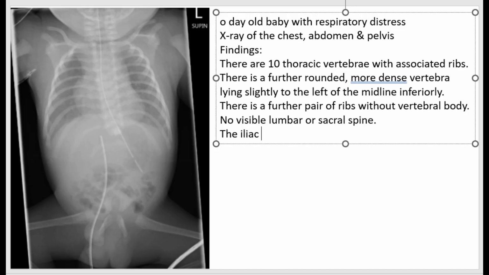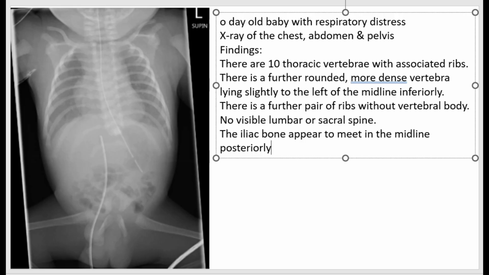No gas in the distribution of the rectum.